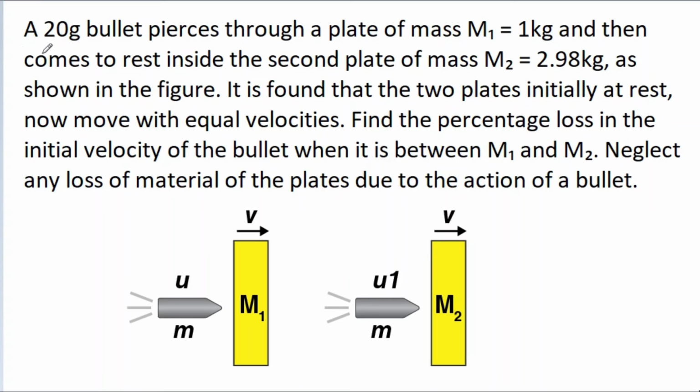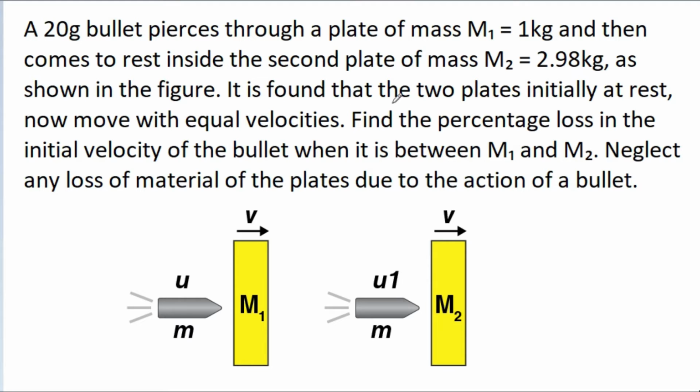In this video, we are given that a 20-gram bullet pierces through a punnet of mass m1 equal to 1 kg and then comes to rest inside the second punnet of mass m2 equal to 2.98 kg, as shown in the figure.